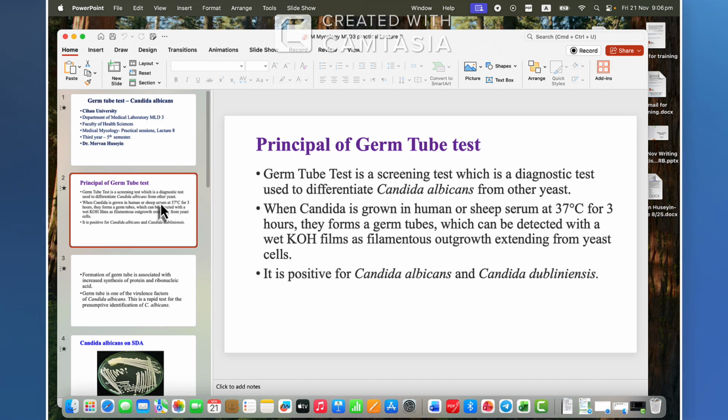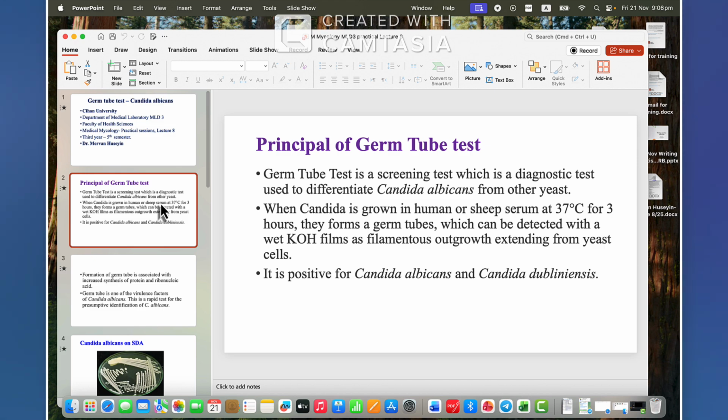The principle is when we inoculate Candida albicans in serum at 37 centigrade in the incubator for 1 to 2 hours, and after that we do detection under the microscope. You will find the filamentous germ tube.